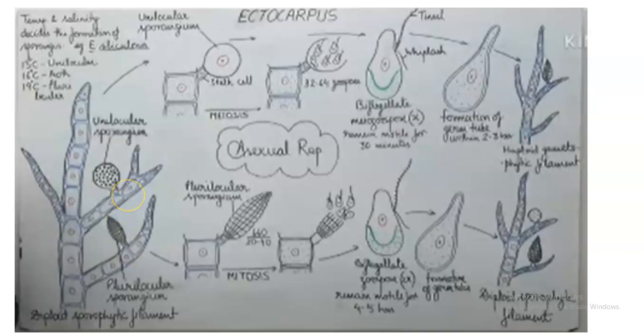Then coming to the details of these sporangia. If you are talking about the unilocular sporangium first, the discussion should begin like this. From a branch, if a sub branch has to arise from here, that particular sub branch is called a branchlet.